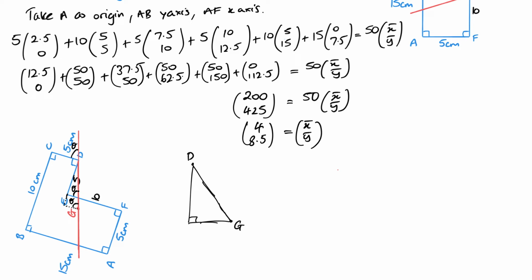I do think redrawing these triangles really helps. So this distance here is the same as E to G, which is probably a little bit easier to see on my original diagram, but this distance here is 10, and this distance up to G was 8.5. So this distance is going to be 1.5 there.